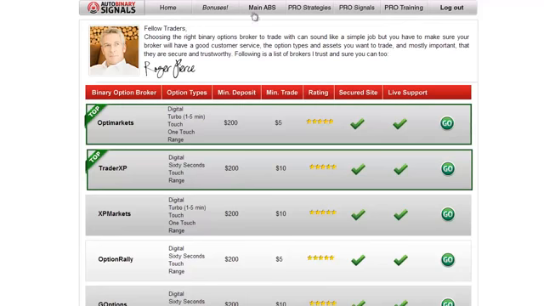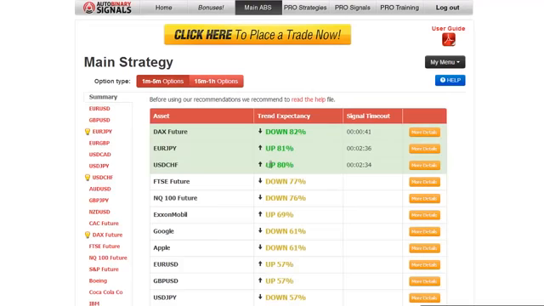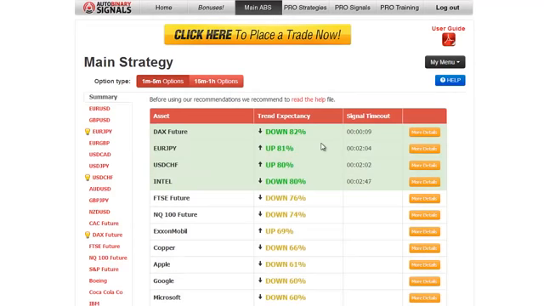So, for example, at this moment we see that we have a signal for euro yen, but not all brokers might have euro yen available at this precise moment because of the different risk management strategies that they have. They want to protect themselves from the market changes, and therefore for some reason they cannot show a certain asset.